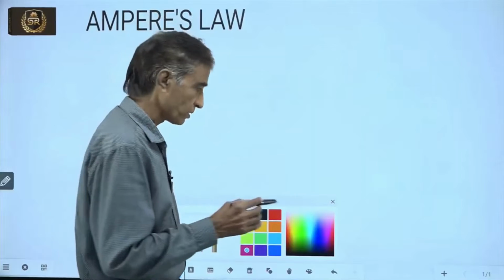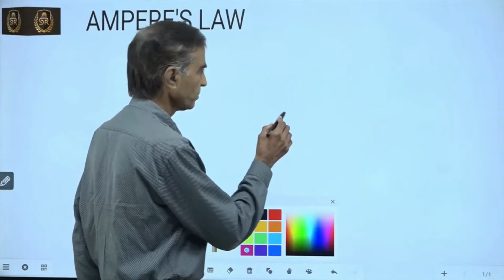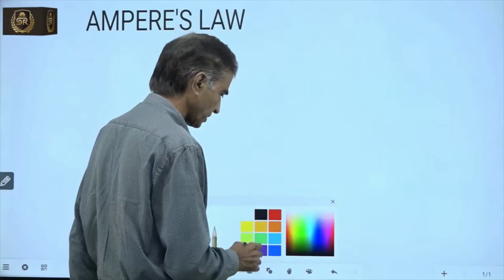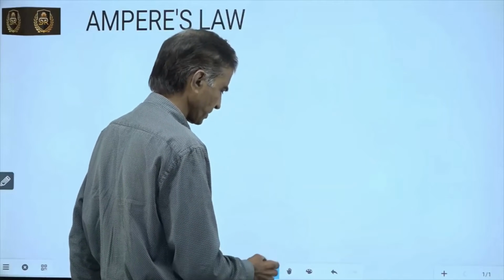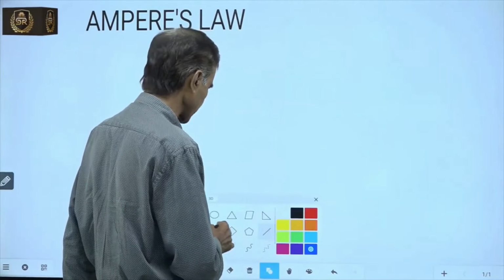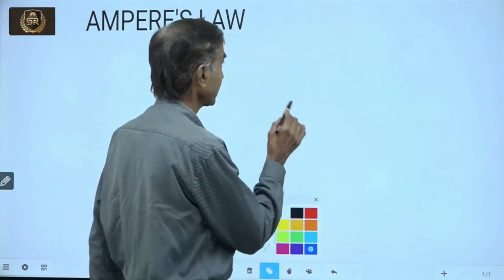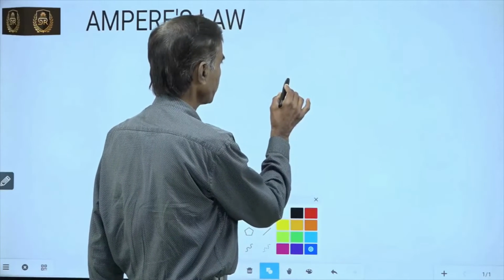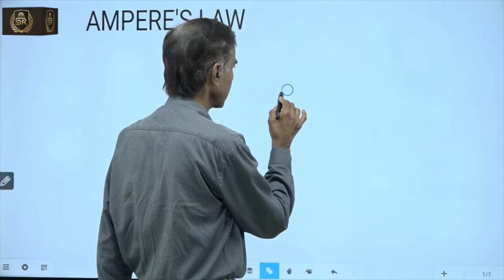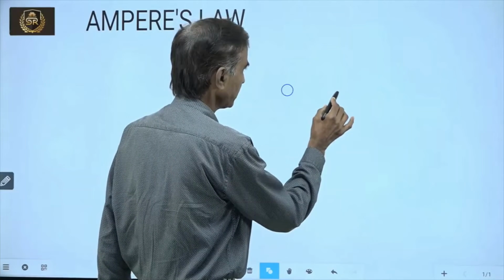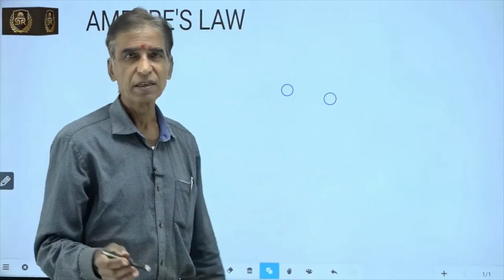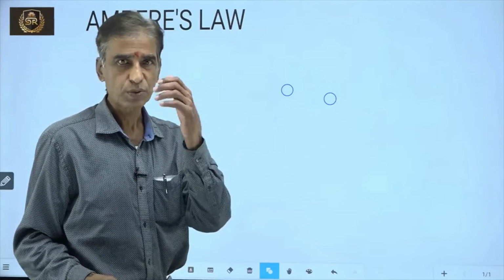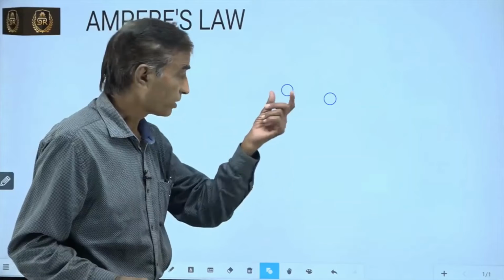Suppose there are two conductors carrying current, any number we can take, but to know the statement I am taking only two.